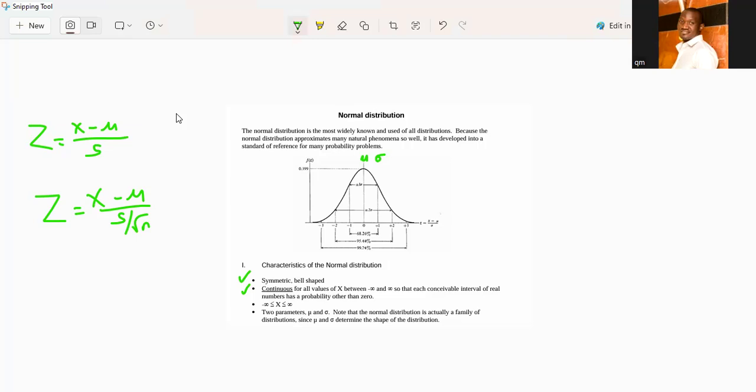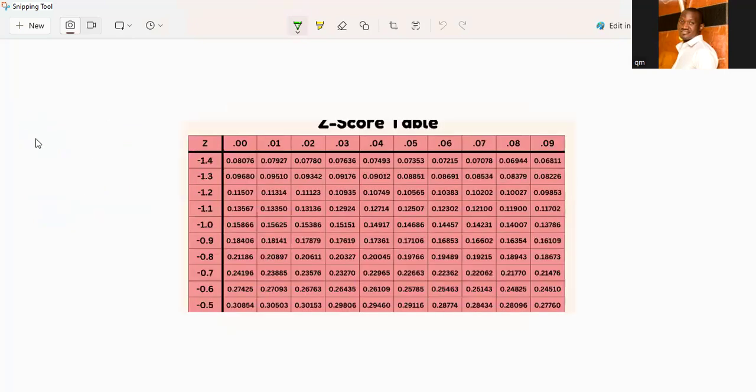If you're asked to calculate the reading of negative 1.45, you go under negative 1.4, the first two digits here, and 0.05 here. Collectively, this is the reading here. So our probability here is 0.07353.